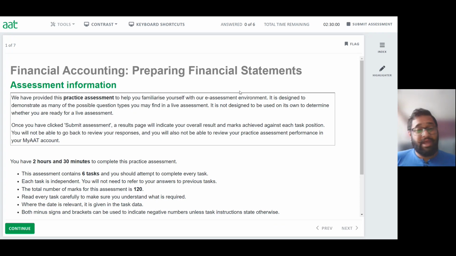So as you know, guys, it's going to involve the previously covered AVBK and FAPR units from AQ 2016, Advanced Bookkeeping and Final Accounts Preparation.